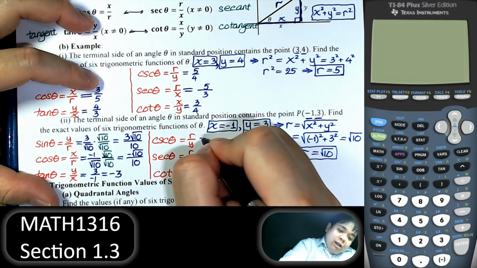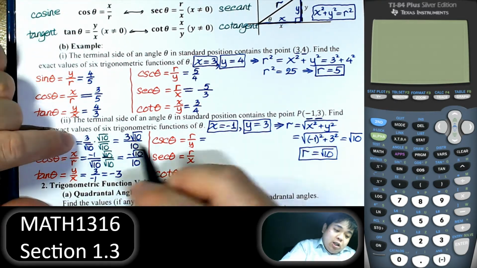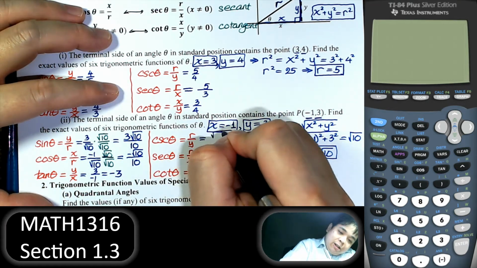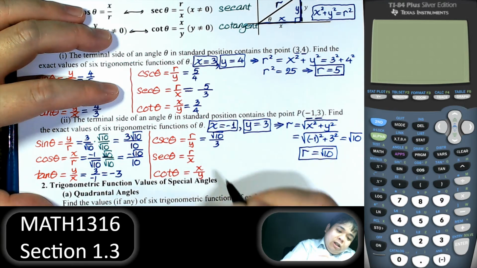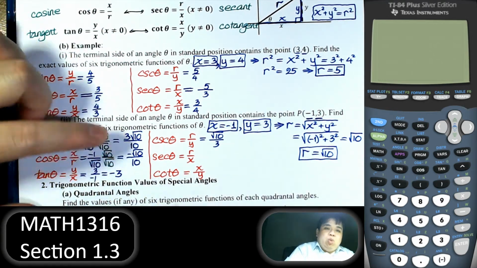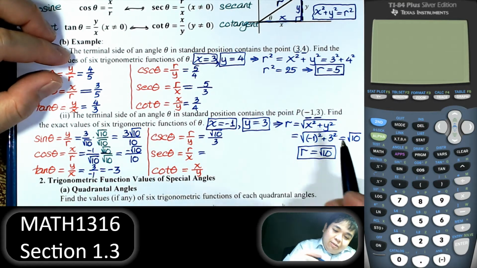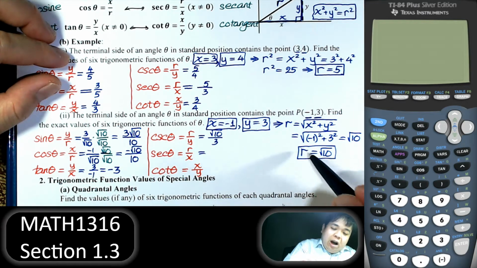And then cosecant is the reciprocal of sine. So we just have 3 over square root of 10, so that's square root of 10 over 3. Or we can write 10 over 3 square root of 10. But just take that, flip, that's it. R over y.